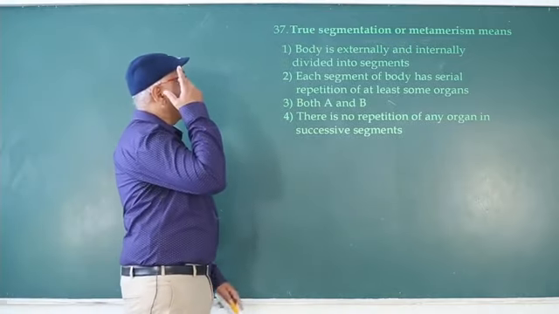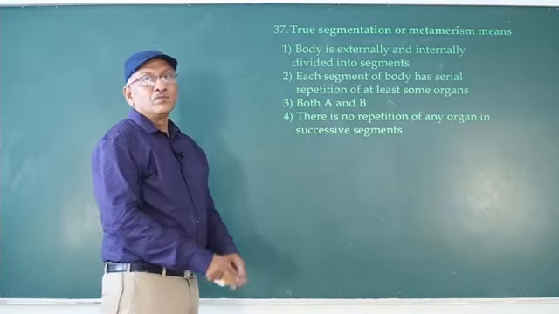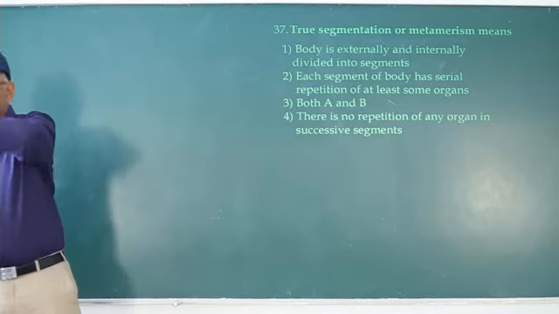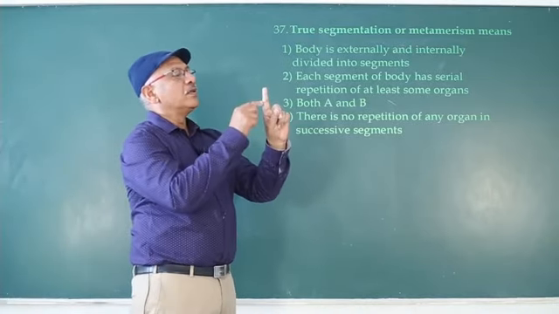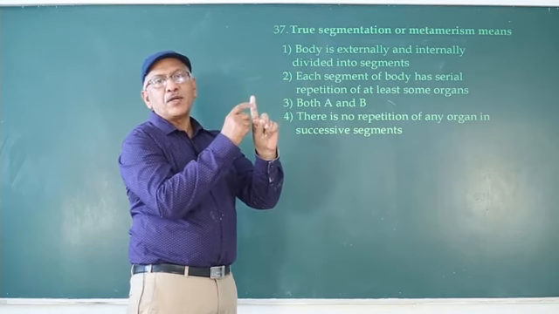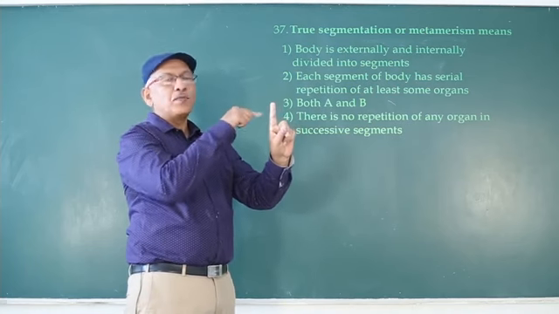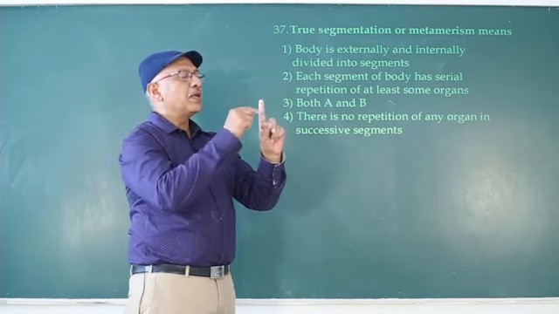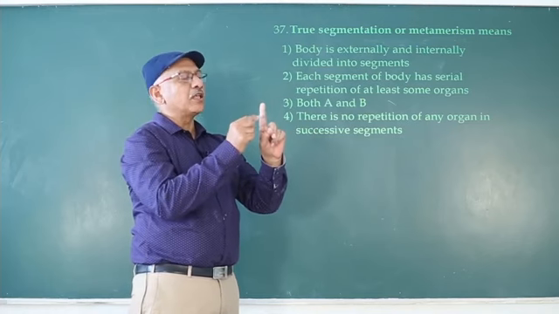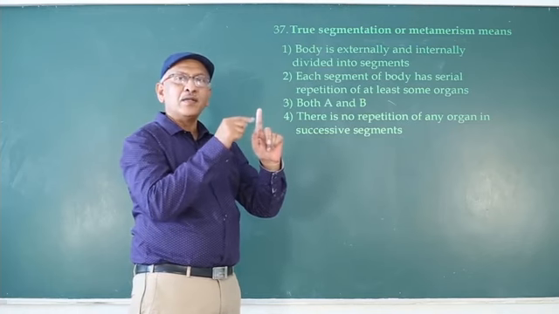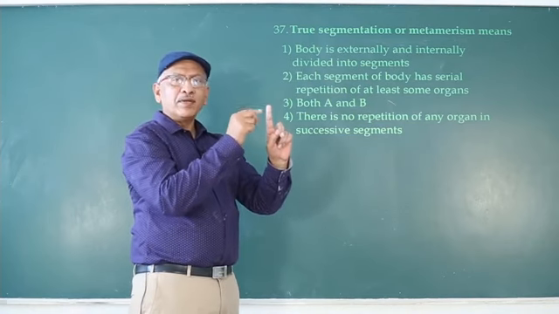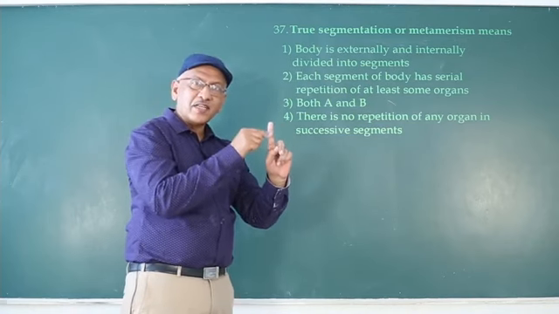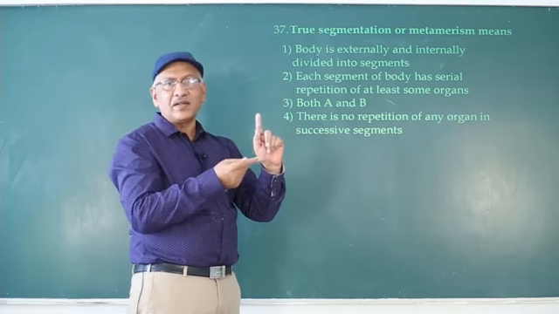True segmentation or metamerism means, as you all know, in earthworm the body is in the form of segments. Every two segments are externally separated by a groove and internally separated by septa. So one segment is separated from the adjacent segment externally as well as internally.